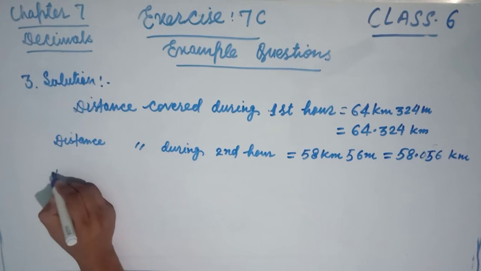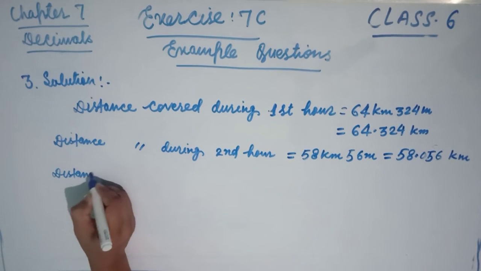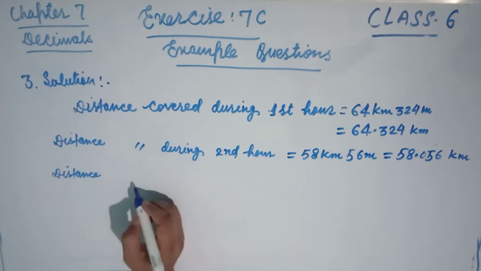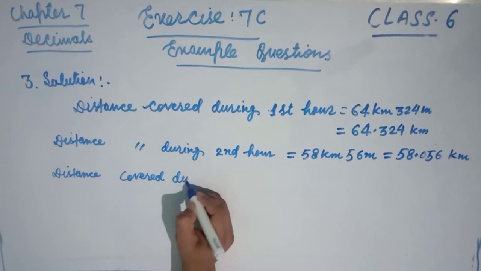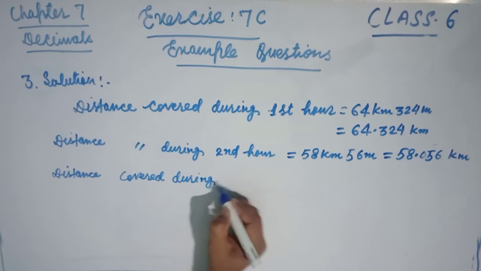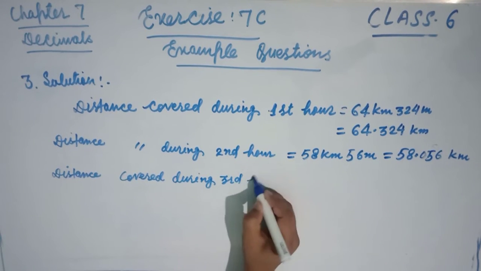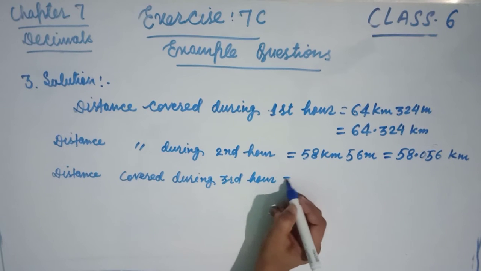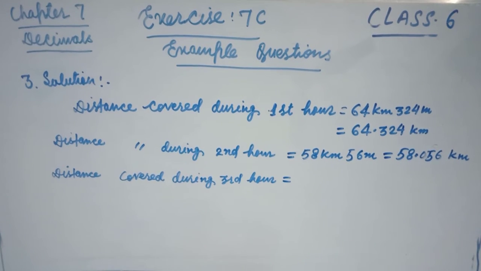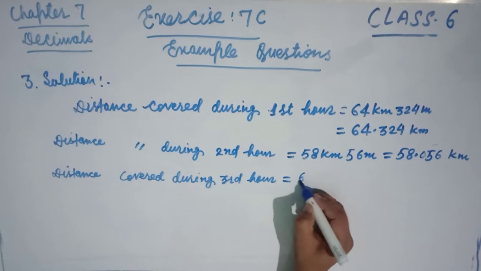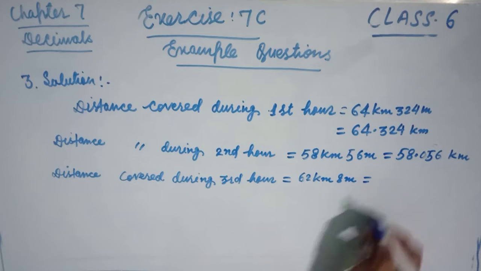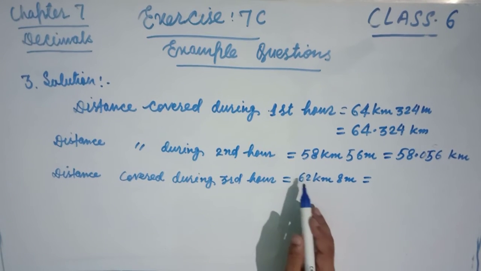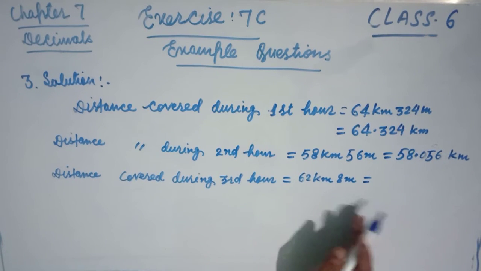Now the next distance, the distance covered during the third hour is equal to 62 kilometer and 8 meter. Friends, we are going to write all the distances in terms of kilometer.